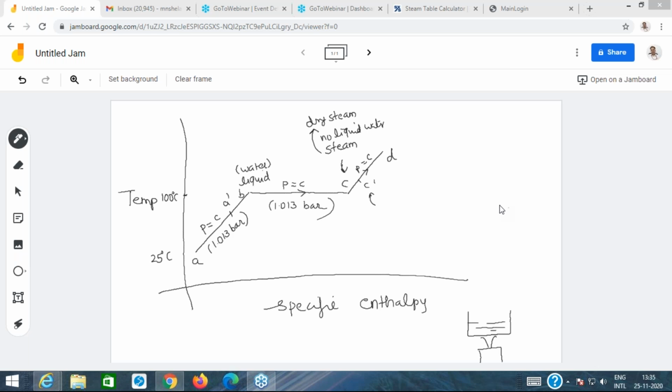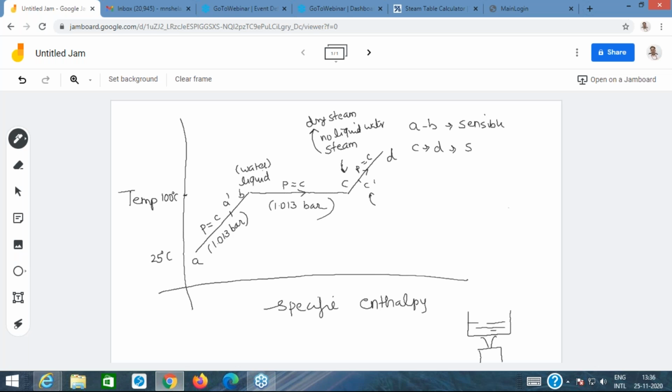Sharvari was asking what is the difference between sensible heating and superheating, right? So C to D is also sensible heating, mind well. A to B is also sensible heating, and C to D is also sensible heating.